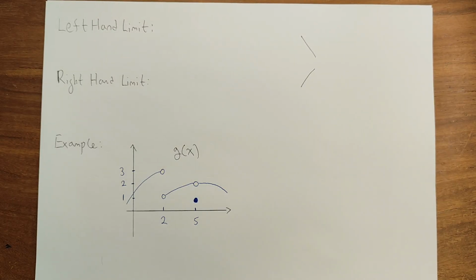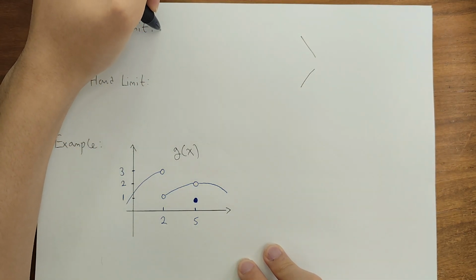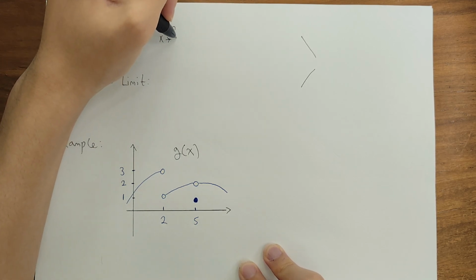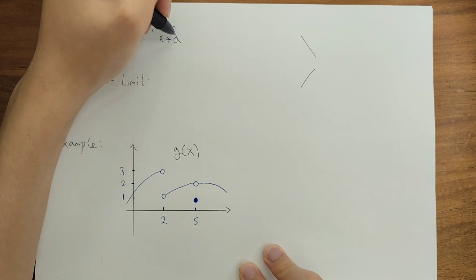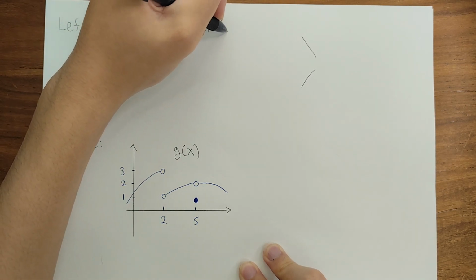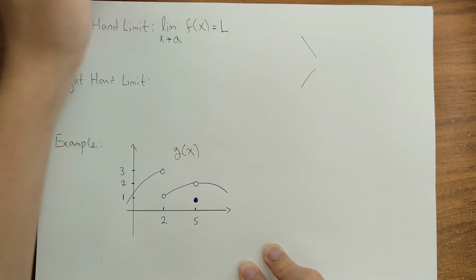Okay, so the left-handed limit can be written as, we have the limit notation: the limit as x approaches a of f(x) equals L. This is the normal limit notation.